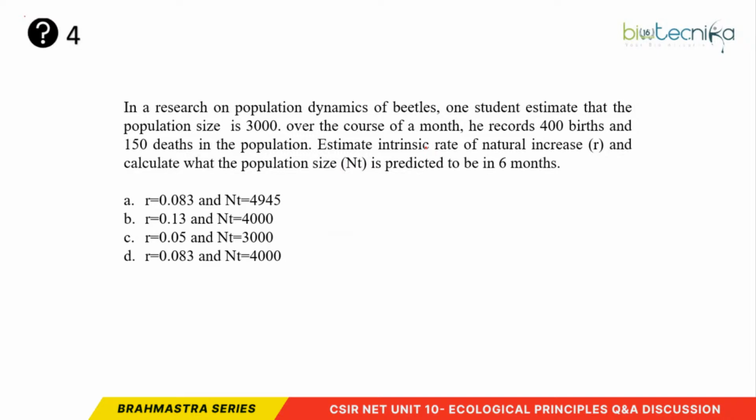In this case, they are saying that in a research on population dynamics of beetles, one student estimates that the population size is 3,000. Over the course of a month, they have given you a time period, he records 400 births and 150 deaths in the population. Estimate the intrinsic rate of natural increase and calculate what the population size Nt is predicted to be in 6 months.